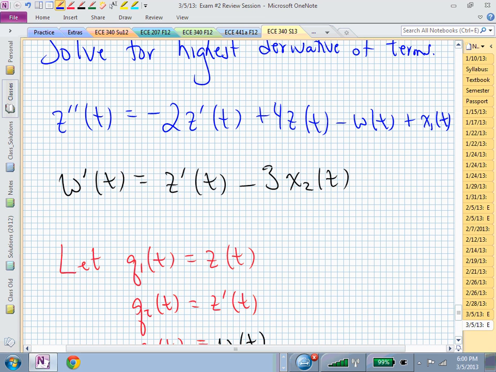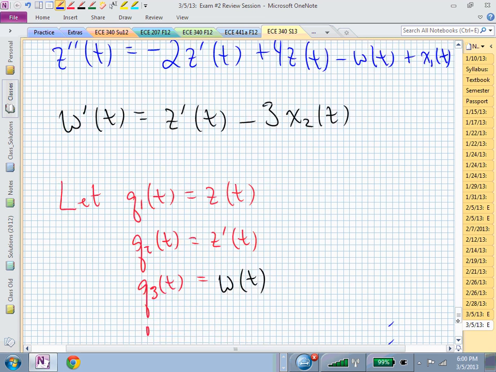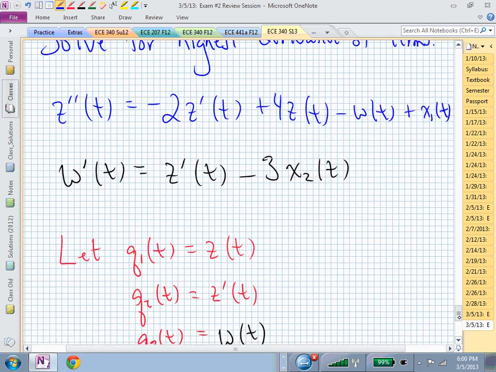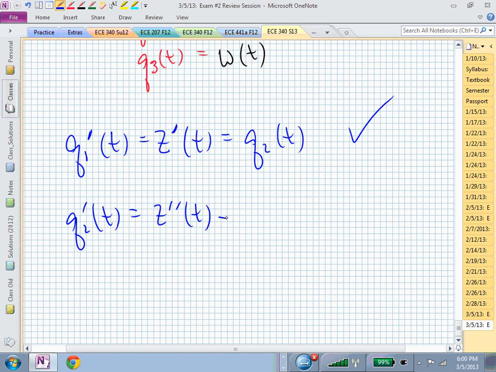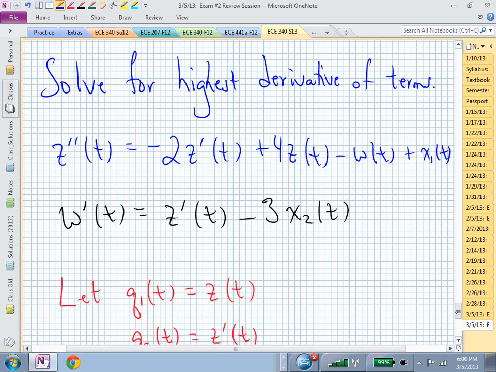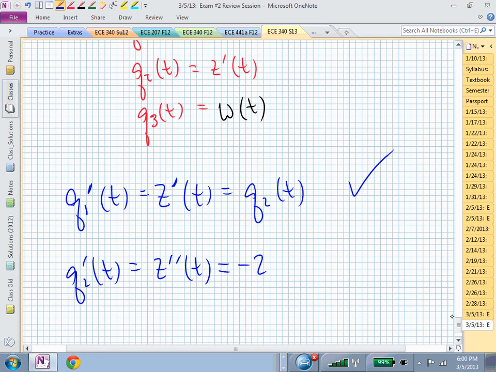We now can say that q sub 2 prime is z double prime, but that's minus 2 z prime. But z prime is q sub 2. Is everybody following what I'm trying to do?